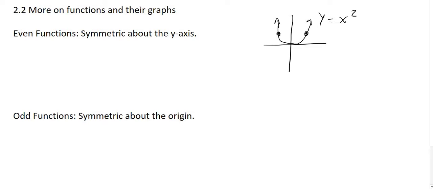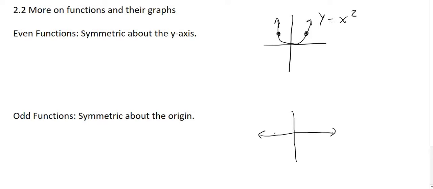Odd functions are symmetric about the origin. A good example is a line, or y equals x cubed. Let me try to get this axis a little straighter.